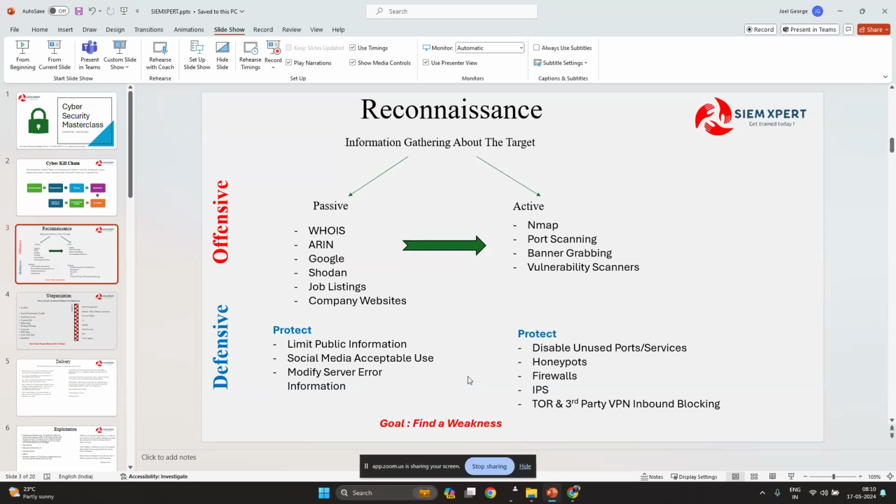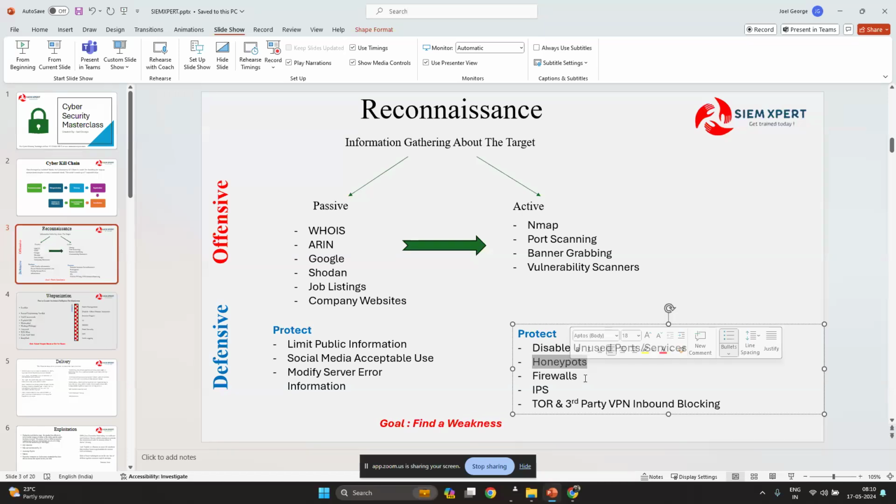Technical controls: you can use firewalls, IPS, IDS, and then disable unused ports. Honeypots are something far-fetched. Not a lot of companies have a honeypot setup, because this would come under a very mature model of security from an organization.